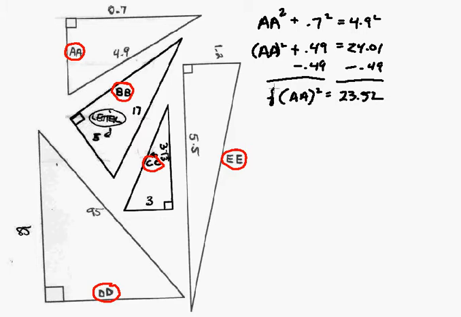Well, as always, the way to undo a square is to square root it. And whatever you do to one side of the equation, you do to the other. So AA is equal to the square root of 23.52, which is approximately 4.85. So that's an approximation. That would be exact.